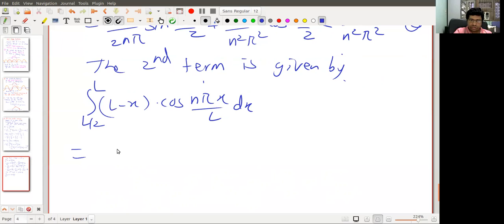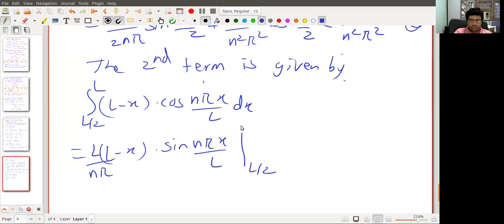Okay, so first term L minus x, integral of cos, that is sine n pi x by L. Here it is L by n pi, limits L by 2 to L, minus the integral of the derivative of the first thing, that is minus 1.